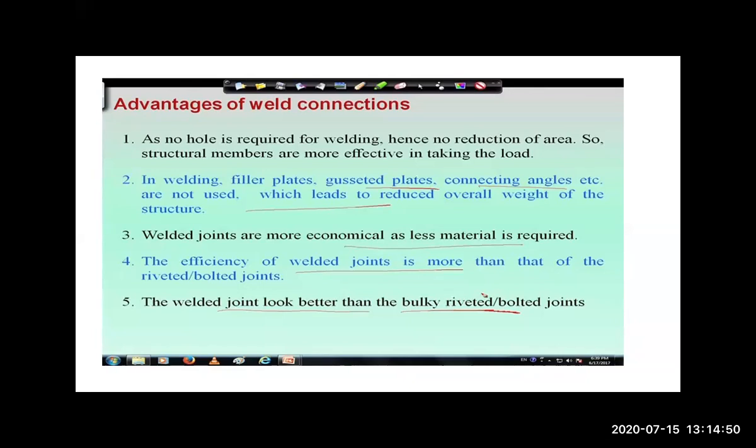The welded connection joint looks very smooth and better than the riveted connection. Okay, so these are some of the advantages.